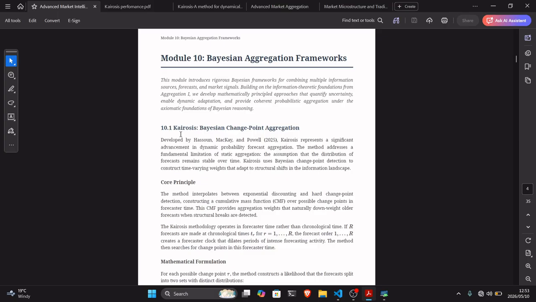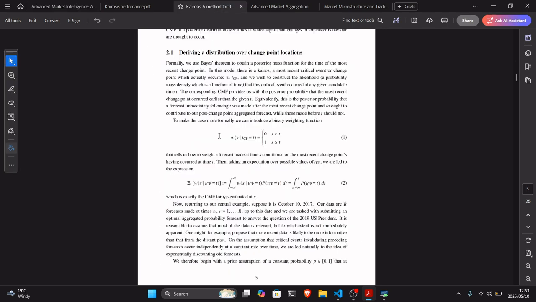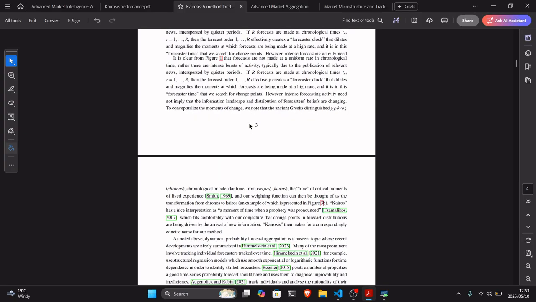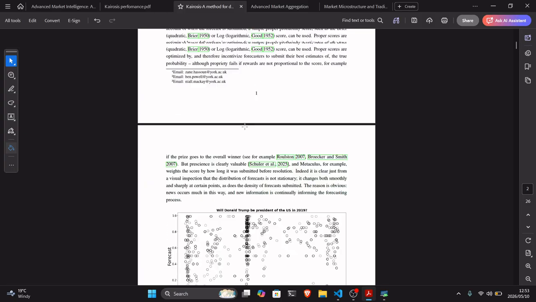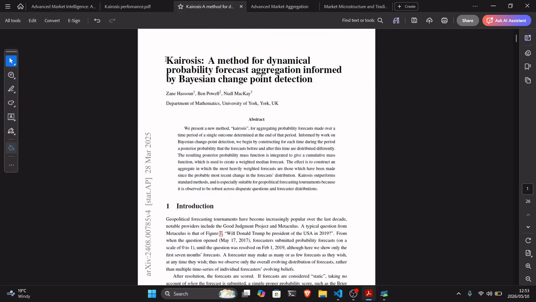I left out a lot of necessary details like what lambda is, how it's calculated, etc. And also, I didn't really touch on the actual paper itself, right? The original kairosis paper. But today, that's what we're going to be talking about.